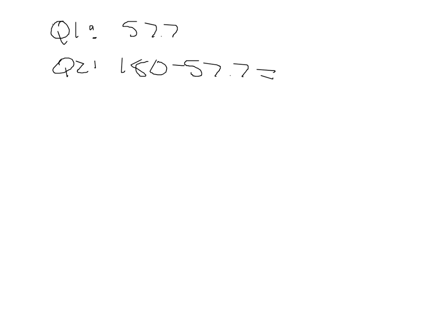Next, I find the second quadrant angle. So if the first quadrant angle is 57.7, then the second quadrant angle is 122.3 degrees. And again, that's for alpha. So here I'm going to get two solutions because I get two possible angle measures for angle alpha.